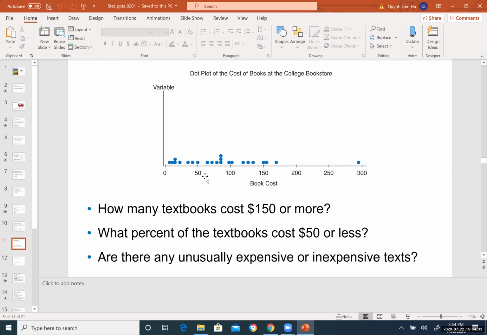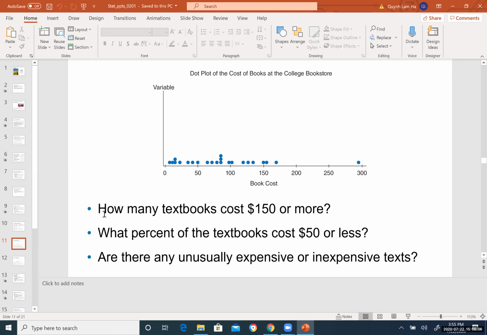In other words, the books are focusing here and below more. For the spread, it's similar to the previous example. Because of this outlier right here, it makes estimating the center kind of hard. The center is the typical value that represents the entire set of books, like the average of the books.